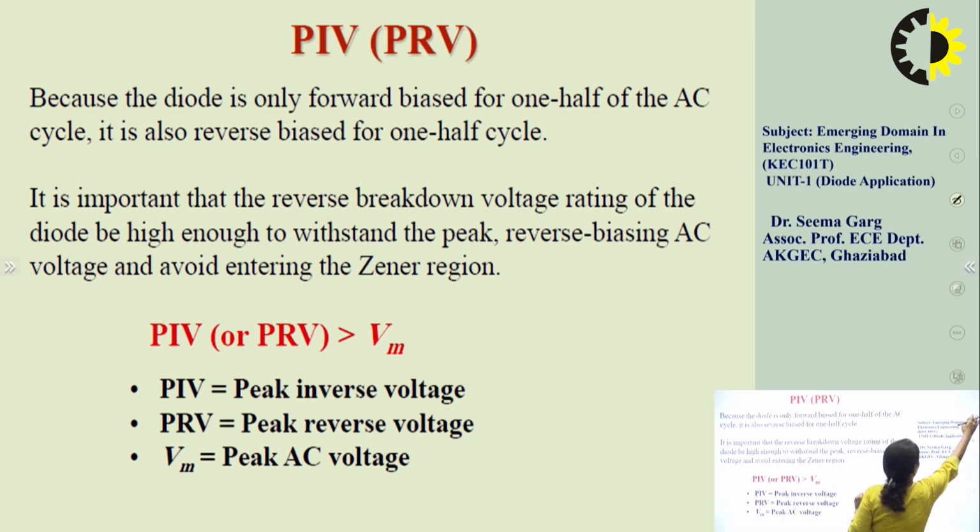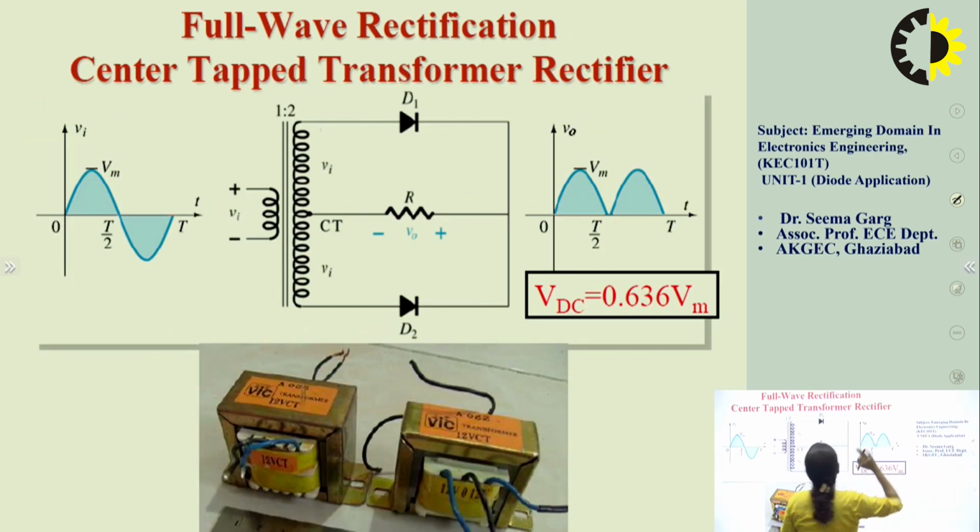Next circuit is the full wave rectifier. So the full wave rectifier is categorized into two categories. One is the center tapped full wave rectifier and the second is the bridge rectifier. So first of all, we are going to discuss the center tapped full wave rectifier. As the name says, it has a transformer which is center tapped.